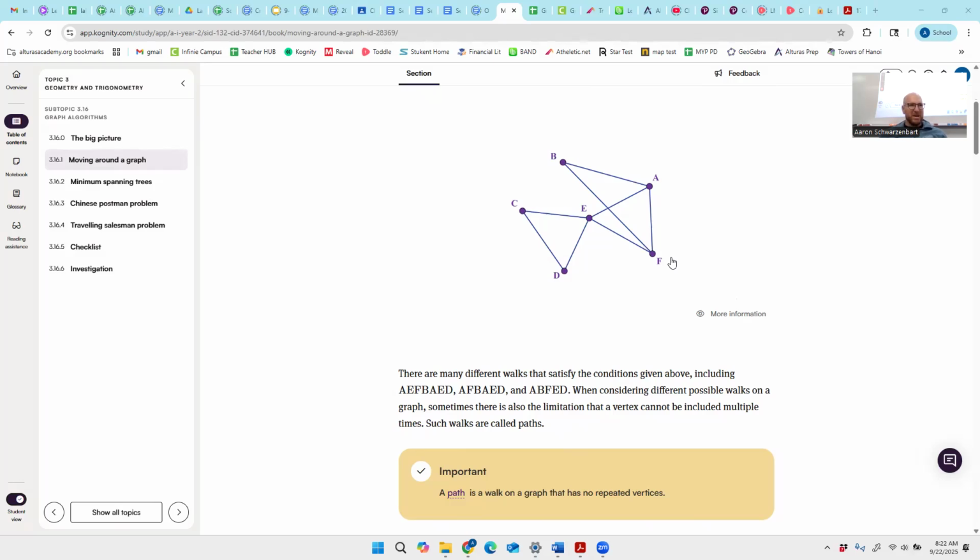A path has no repeated vertices. No, because you have to go through E twice. It would look something like A to C, but I have to go back to E to get to F. So no path.